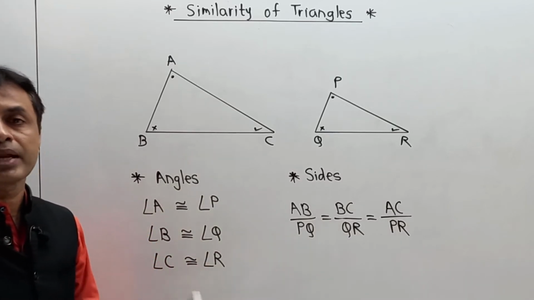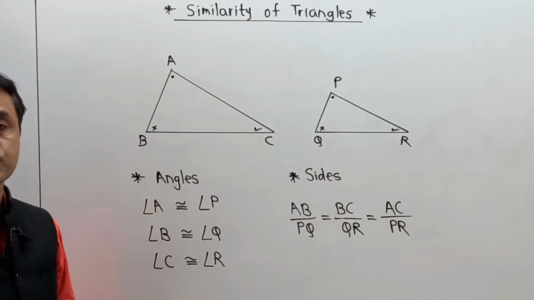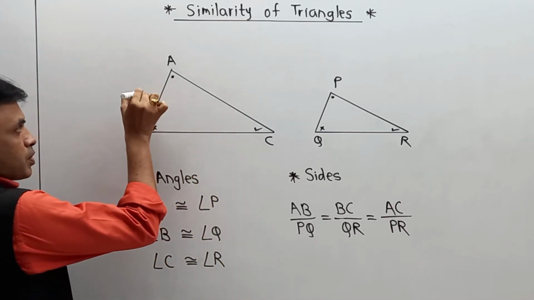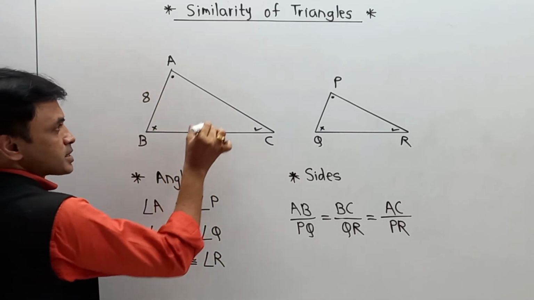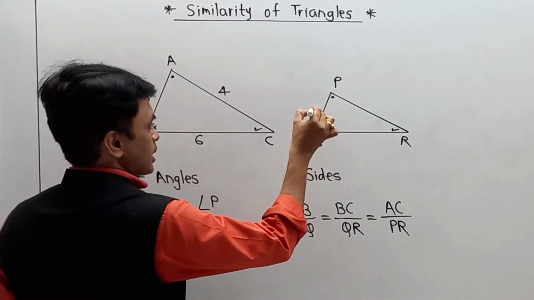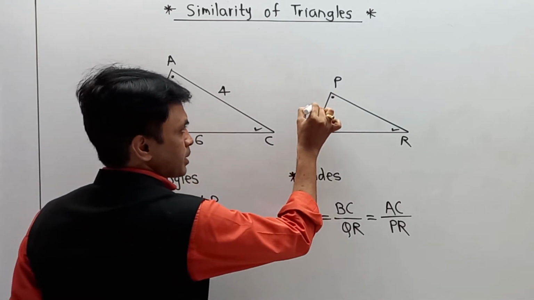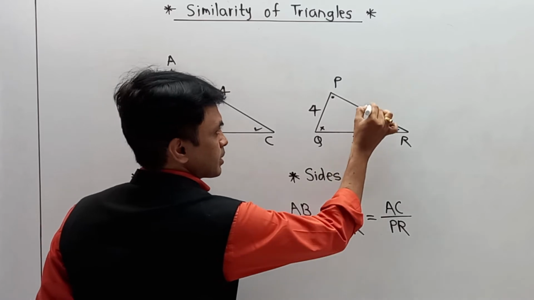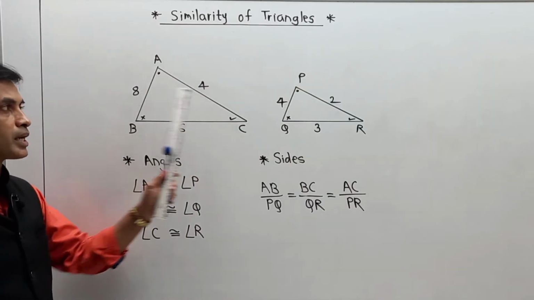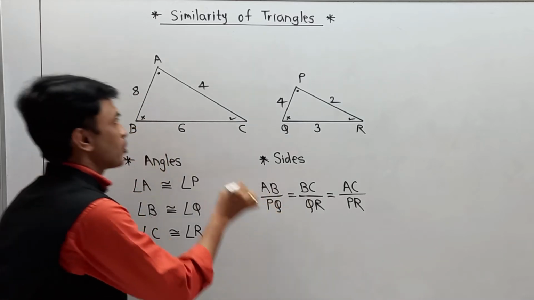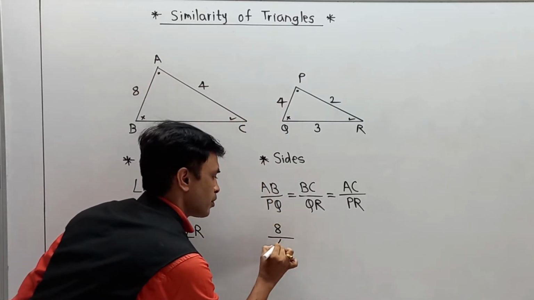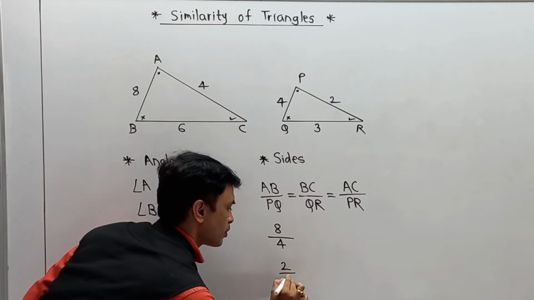To make this example clear, I am going to write some sides in terms of values so that you can easily understand. Let us say these sides are 8 centimeter, 6 centimeter and 4 centimeter. And for this triangle, I am going to take 4 centimeter, 3 centimeter and 2 centimeter. Now the ratio of AB upon PQ means 8 upon 4, that becomes 2 upon 1.